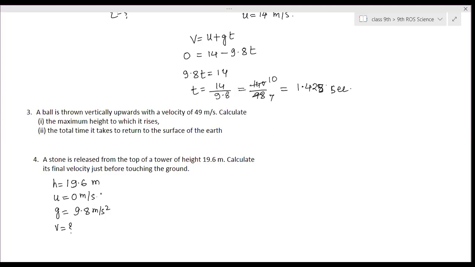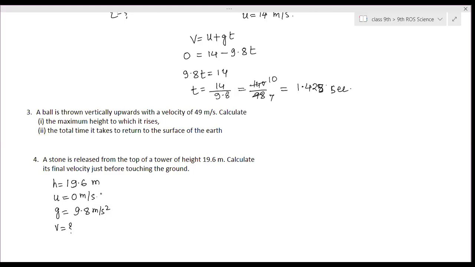Yes. Ma'am, it is 19.6, right? Yes, 19.6. Ma'am, it's an approximate value, right? No, it is exactly 19.6.